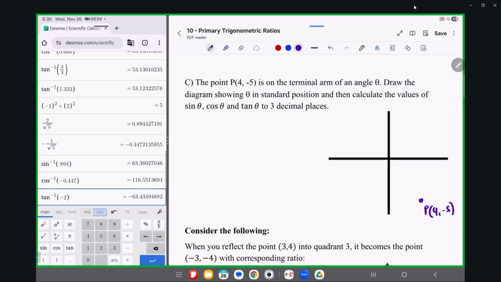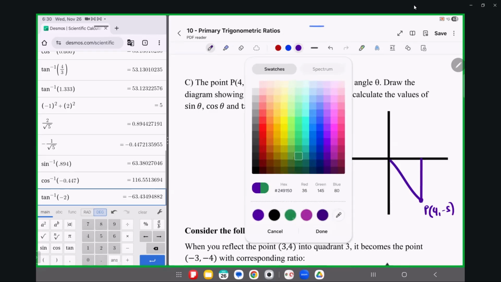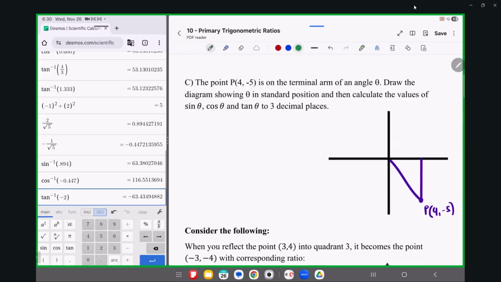And again, like what we did before, we drop a horizontal line to the x-axis, and we want to create our triangle. Okay. All right, so what do we know? Well, the horizontal component is going to be the x value.